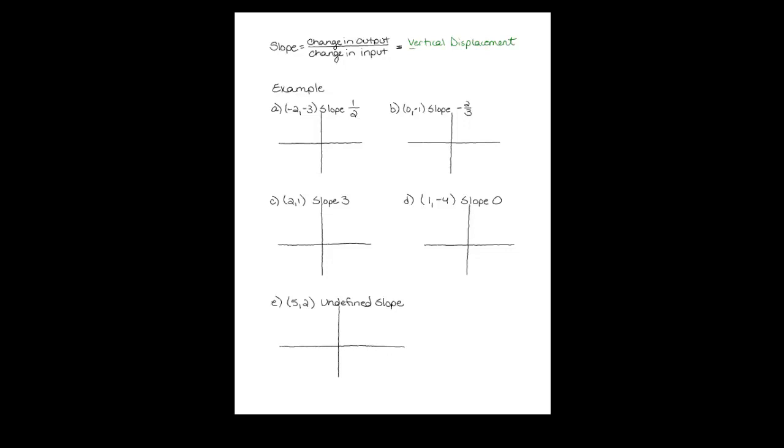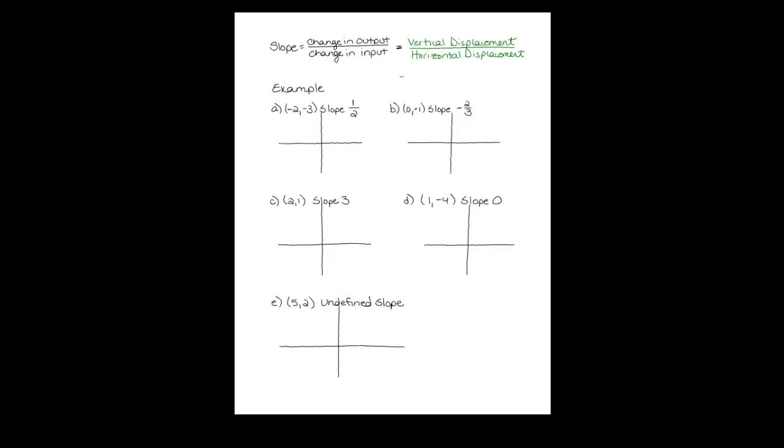The change in the input can be thought of as a horizontal displacement, because the input variable is always plotted on the horizontal axis. So vertical displacement basically means the distance up or down.